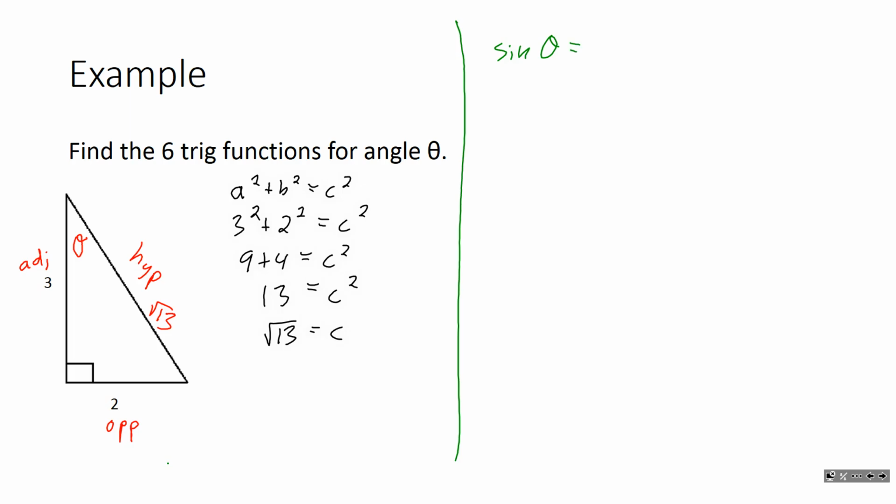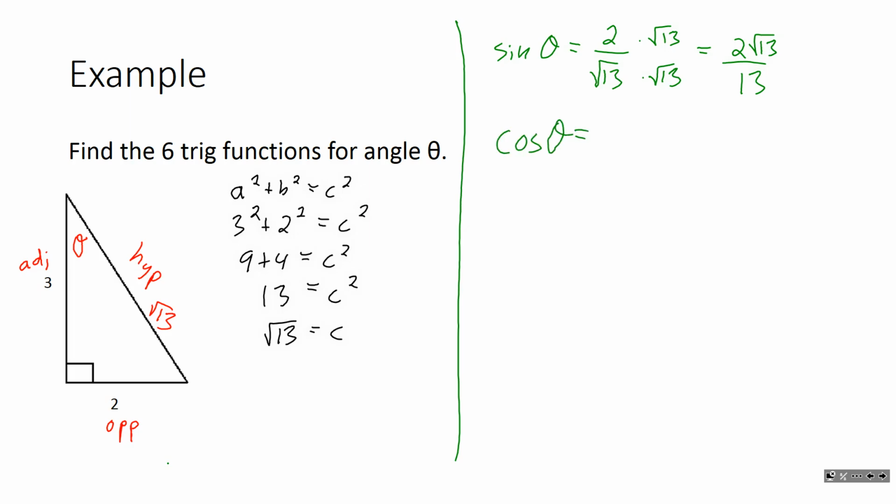Sine of theta equals, so is opposite over hypotenuse, so that would be 2 over the square root of 13. I guess we better rationalize that by multiplying numerator and denominator by the square root of 13. And we'll have 2 square root of 13 over 13.